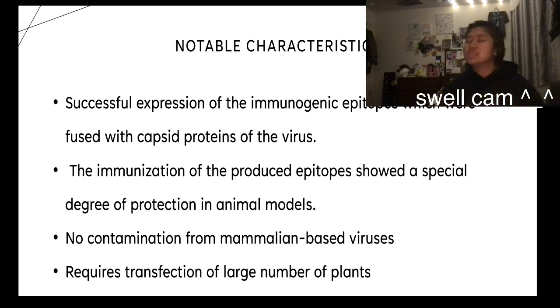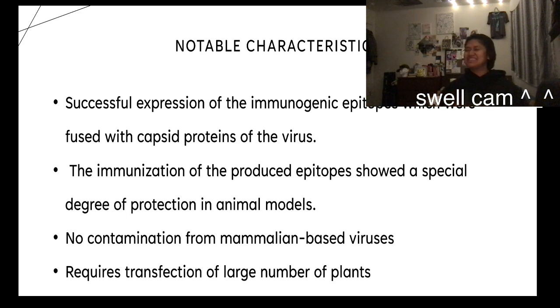But to note, with this first generation, there were successful expressions of the immunogenic epitopes, which were bound to the capsid protein of the virus. So this was a successful representation of the tDNA being expressed and expressing your protein of interest.